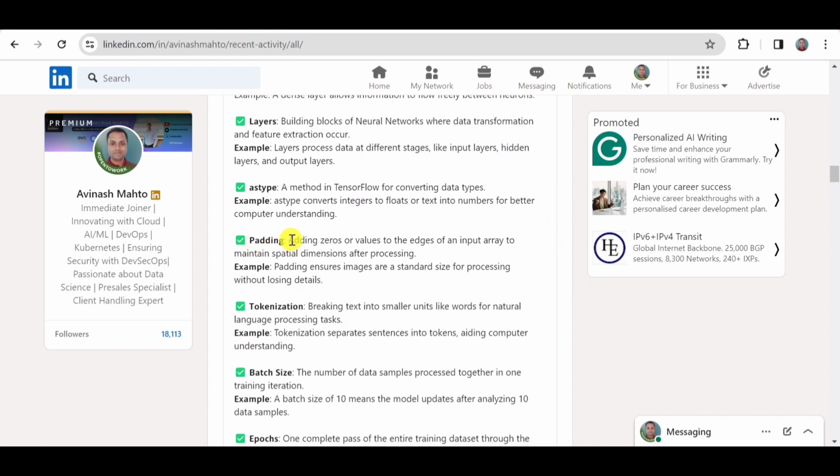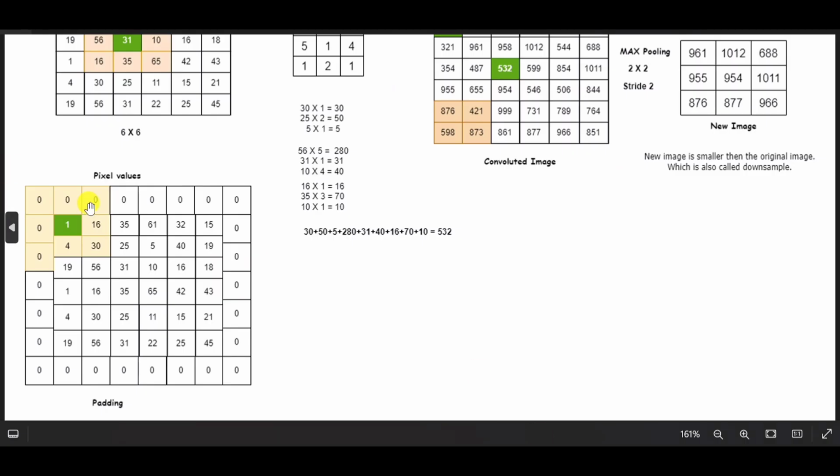Padding means adding zeros or values to the edges of an input array to maintain the spatial dimension after processing. Padding ensures images are a standard size for processing without losing details. That's why we are applying zeros here. Once we apply the padding, the zeros, then we can make it the center.